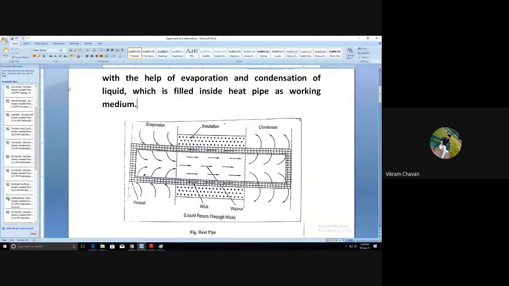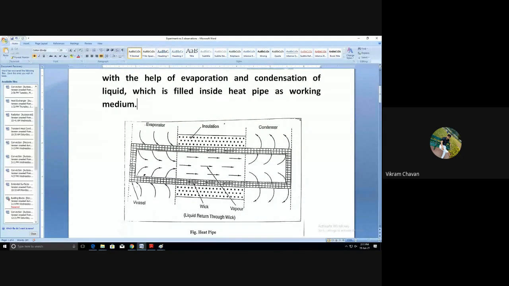Let us understand the working of this heat pipe. First of all, we try to understand the evaporative section. The evaporative section is placed near the heat source, from where we want to carry out the heat and transport it to another location. The heat source is continuously releasing heat, and that heat will be provided to this evaporative section.